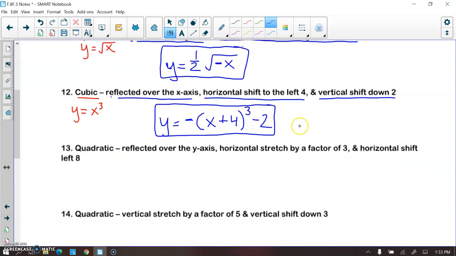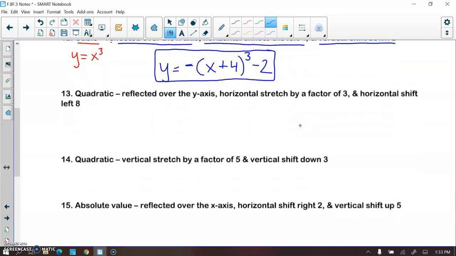All right, number 13, quadratic. So that is y is equal to x squared. I have a reflection over the y-axis, so that's going to go on the inside of my parentheses. I have a horizontal stretch by a factor of 3, so that's going to go on the outside of my parentheses. And I have a horizontal shift left 8 units, which goes on the inside of my parentheses.